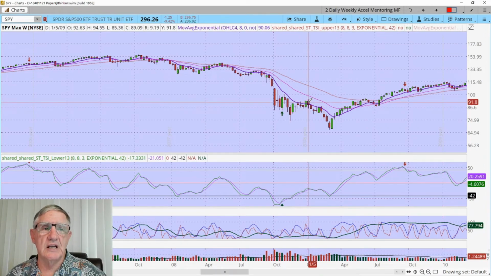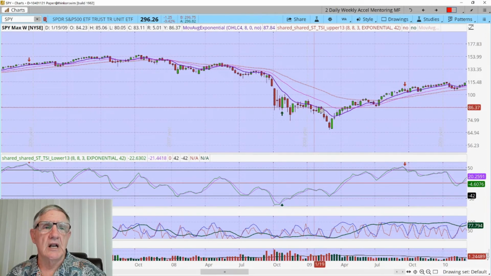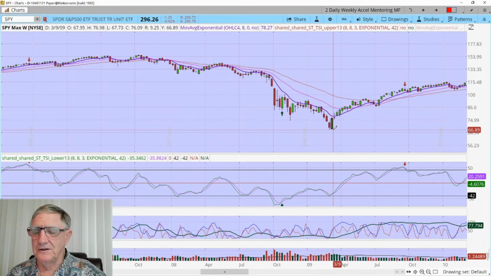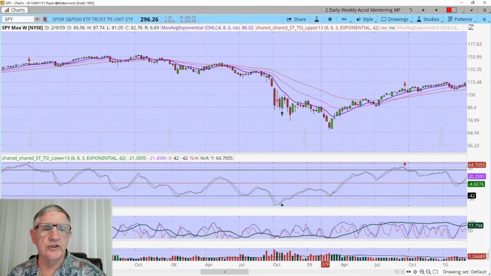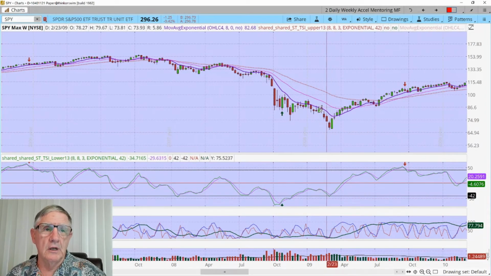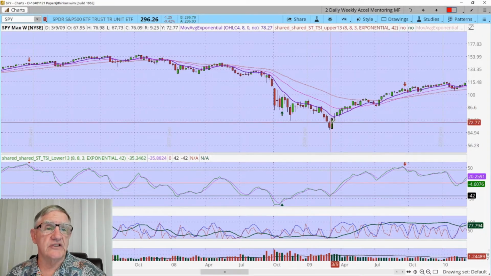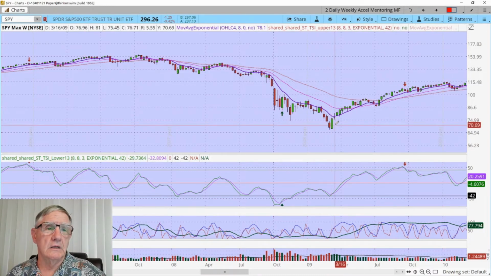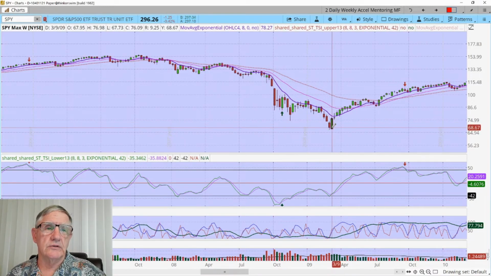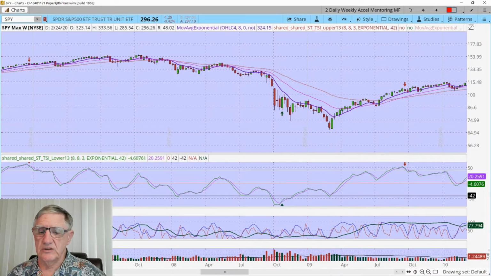This time it was the 8-week moving average, and then a final fall down here, which led to the ultimate opportunity of jumping on the long side of the S&P back in March 2009 at $70. And so as you can see, that's one heck of a move.